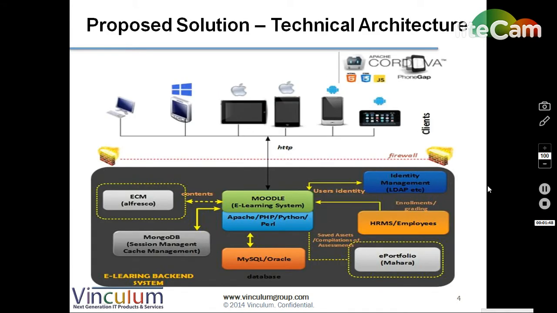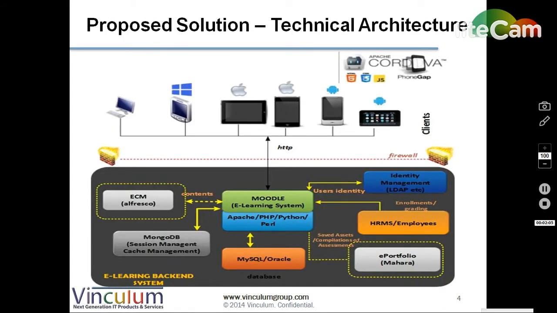Moving on to slide number 4, this is the proposed solution architecture from our side, where Moodle in the center is the tool that we will be developing for AS Watson. And as you can see, this tool can seamlessly integrate with your identity management systems, HRMS on your employee side, and also with e-portfolio.